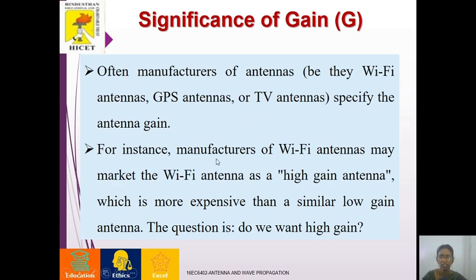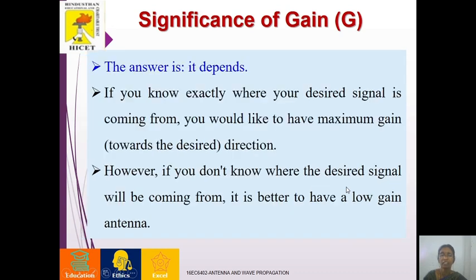For instance, the manufacturer of a Wi-Fi antenna may market it as a high gain antenna, which is more expensive than a similar low gain antenna. So we have to decide, do we really require a high gain antenna? The answer is, it depends.